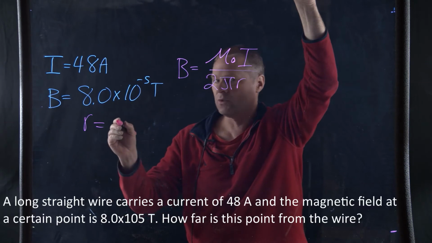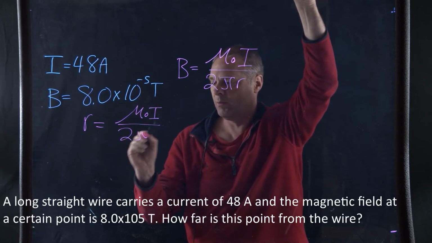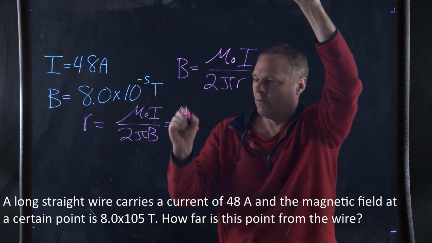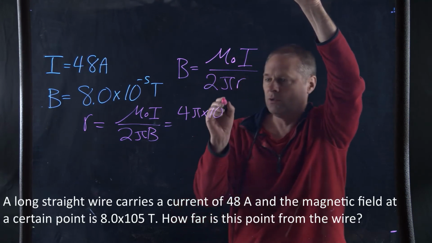Radius is going to be equal to mu naught I upon 2 pi B, which is equal to 4 pi times 10 to the negative seventh.